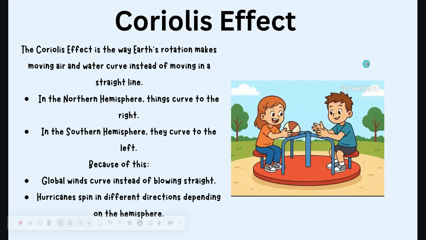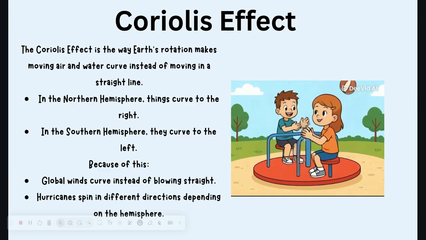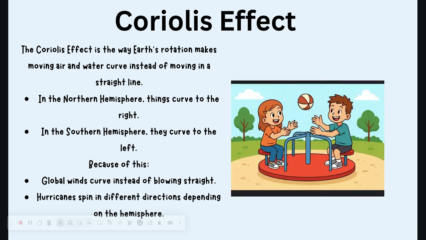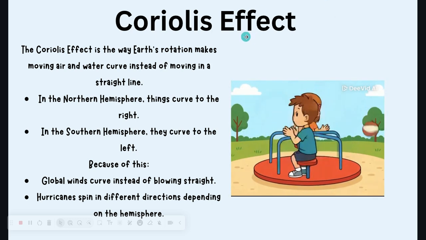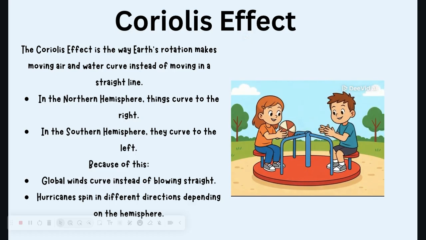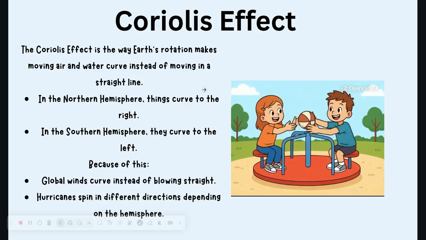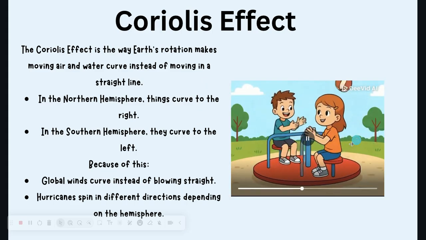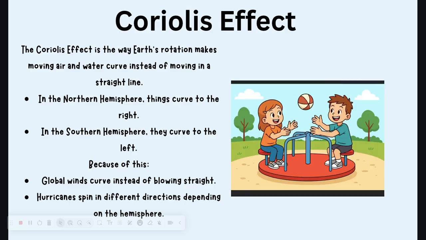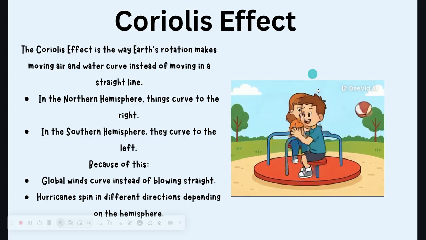All right, the Coriolis effect. The Coriolis effect is the way the Earth's rotation makes moving air and water curve instead of moving in a straight line. It's very similar to trying to throw somebody a ball while you're spinning on a merry-go-round.